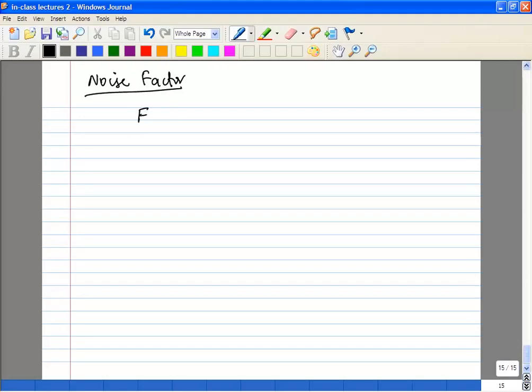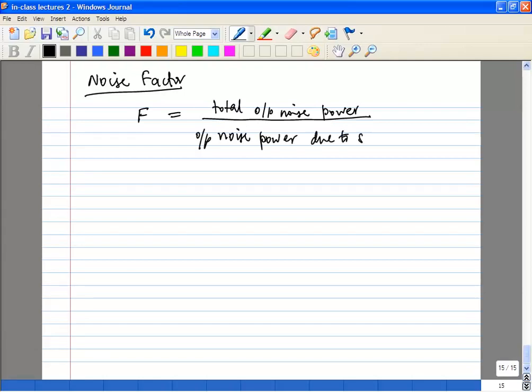It's represented by F. It is the ratio of the total output noise power over the output noise power due to source alone.